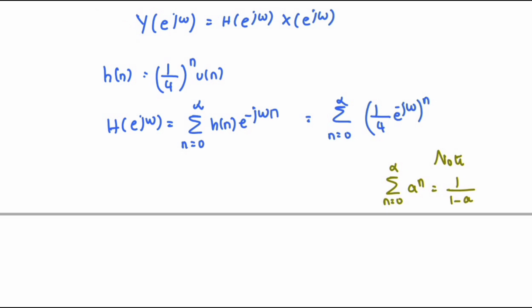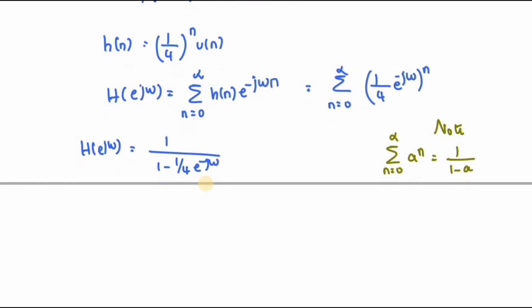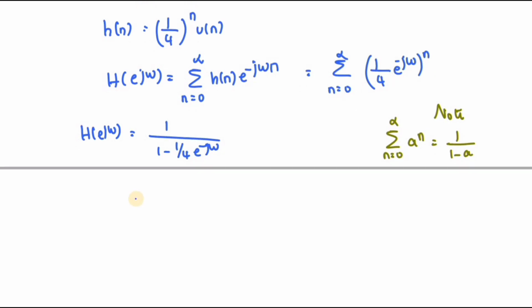So I can write H of e power j omega is equal to 1 divided by 1 minus 1 by 4 e power minus j omega. So 4 divided by 4 minus e power minus j omega is your answer.